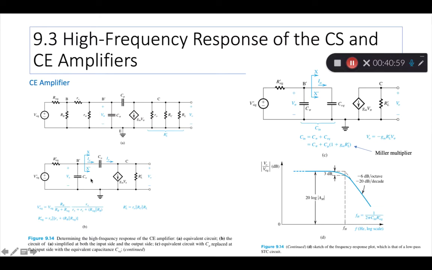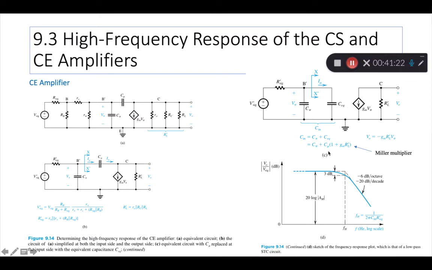This can be simplified. So there is a Thevenin equivalent. On the output side, these three resistances are combined to give us one RL prime. There is one capacitance C pi that's still there. C mu will be changed to C equivalent.